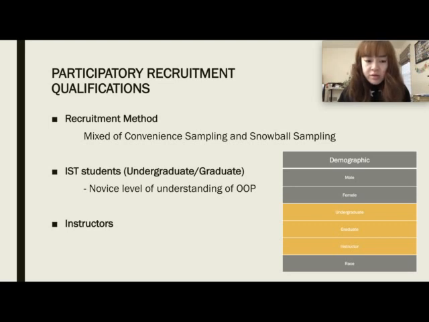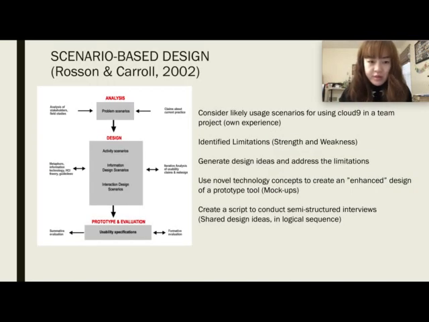I also included instructors in this research because I just want to have a basic understanding of what their teaching objectives are and what they would expect students to learn in such courses. For demographics, I plan to include both male, female, undergraduate, graduate, instructor, and different races of students.